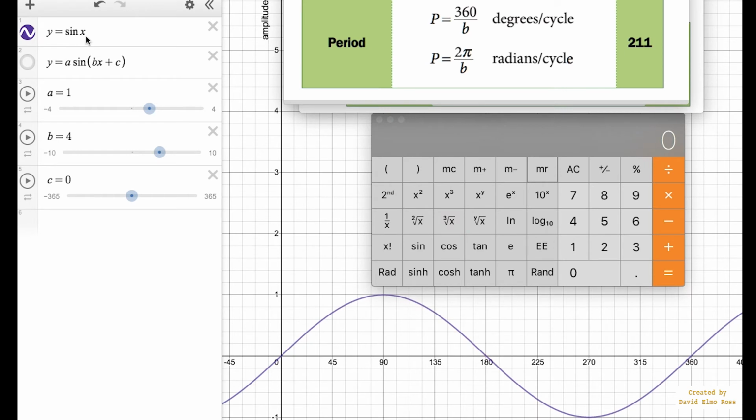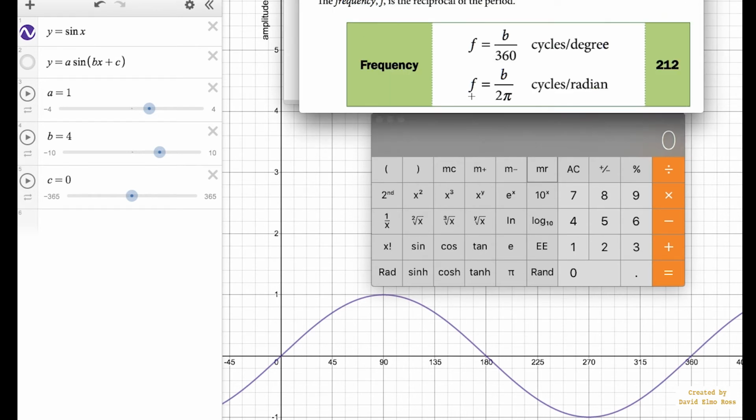Now if we look at this fundamental waveform y equals sine x, we can see here that the period is given by 360 over our coefficient here, and our coefficient here happens to be 1, and c is 0. So in this case, this would be 360 over 1, which means that one complete cycle happens in 360 degrees. Our frequency is 1 over that.